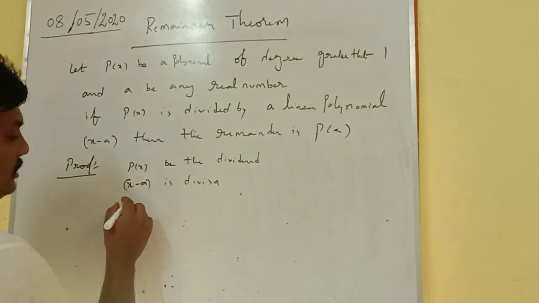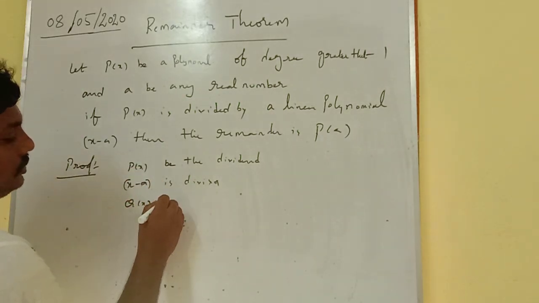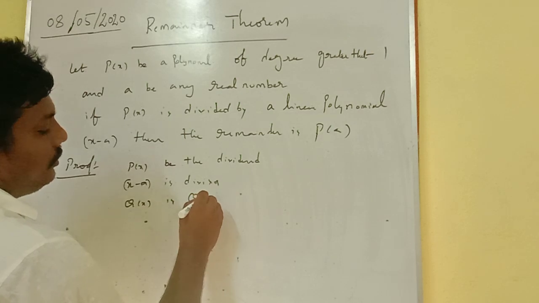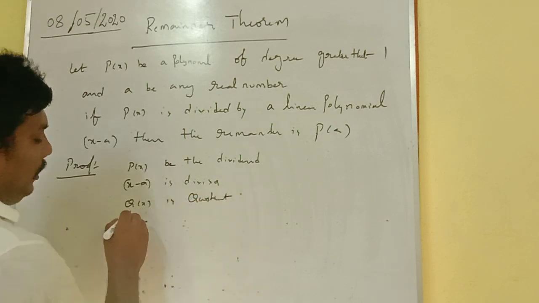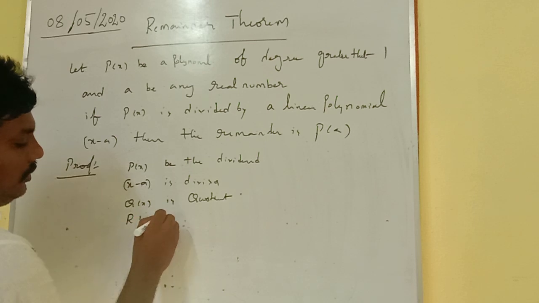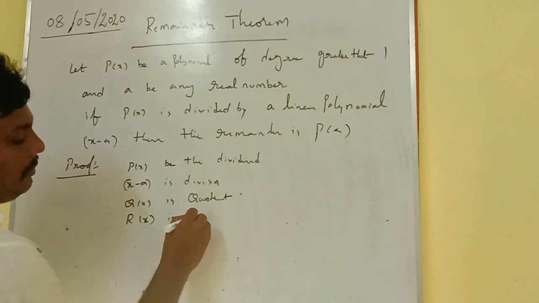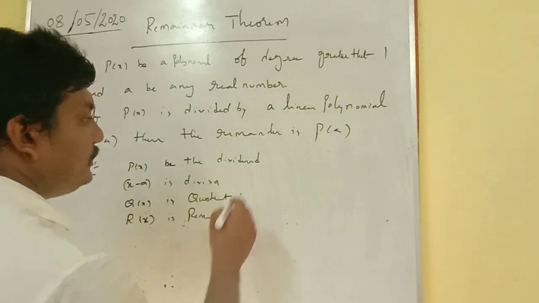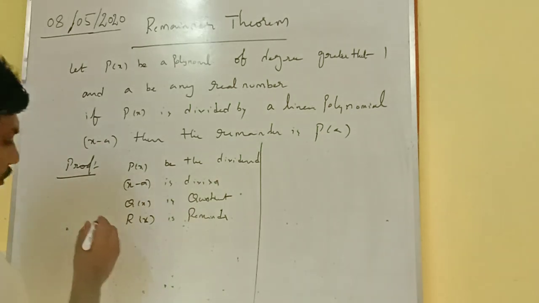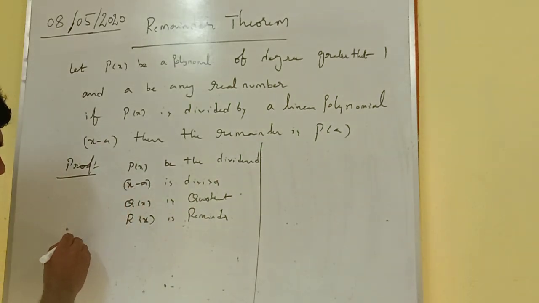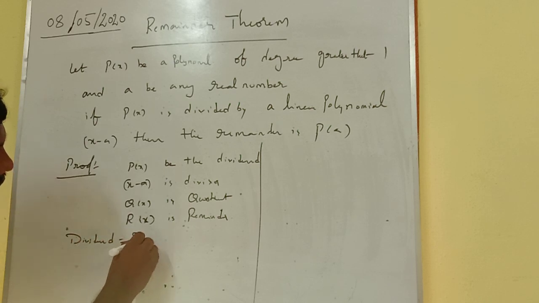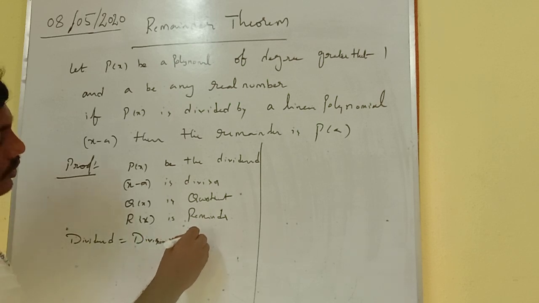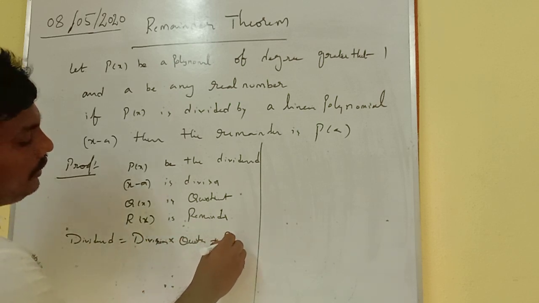Then q of x is the quotient and r of x is the remainder. The division algorithm states that dividend is equal to divisor into quotient plus remainder.